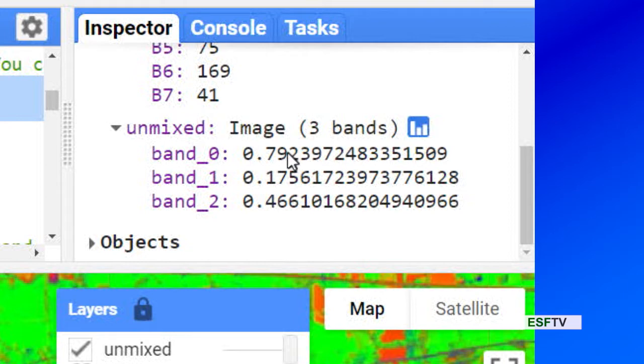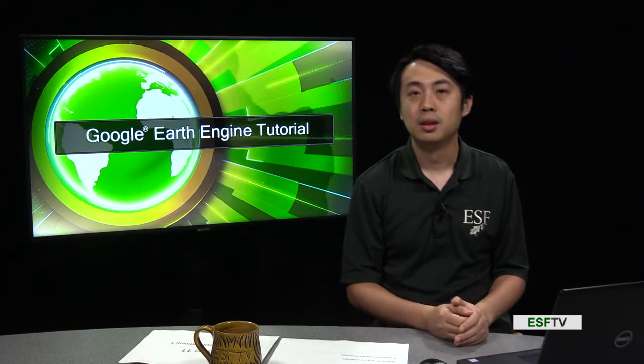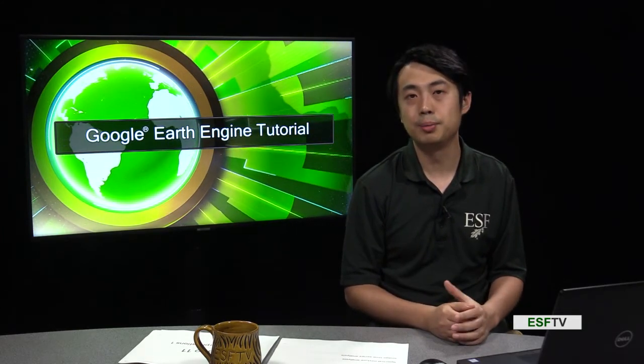The percentage of urban land cover in this example is 79%, and the water percentage is about 50%. And as you can see, this is a way for us to discern the different types of elements inside a pixel.